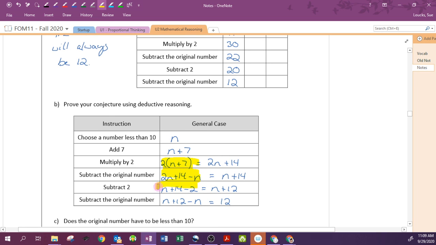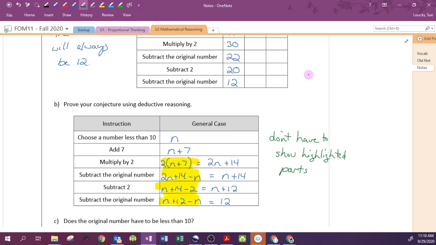You don't have to show the parts in yellow. Okay, because that was just me showing my work.